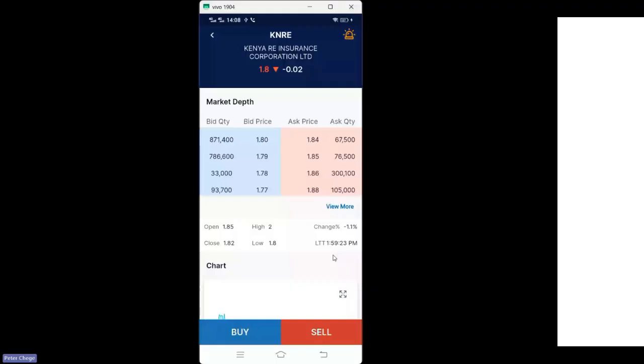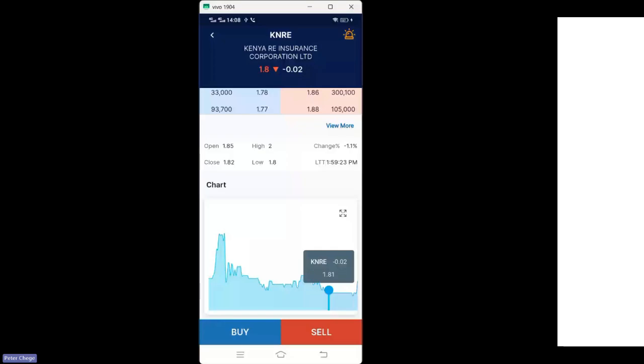Ignore these charts. For NSE, you don't need to be worried about the charts. If you're used to Forex, I know there's that expanding chart so that you can see the last few minutes. For NSE, you only need to see the performance of that counter for the last few months, few years, to see the highest it has ever gone, the lowest, just to determine if the current price is the highest, then you know that counter is highest trading.